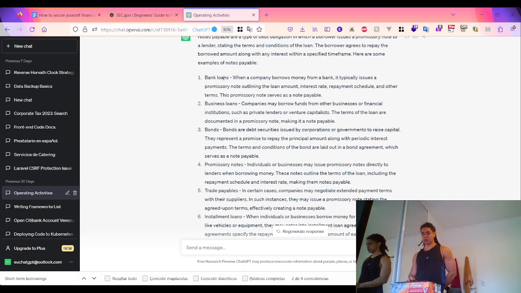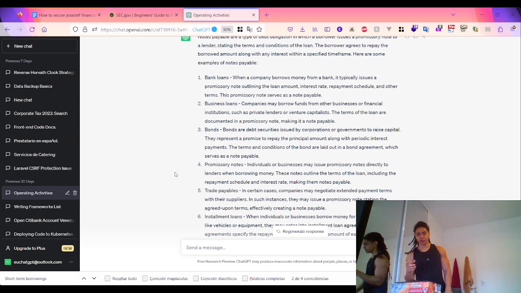So with these bank loans, business loans, bonds, promissory notes, trade payables, after all, especially this note payable is a promissory note from the borrower to the lender, agreeing to repay based on the terms and conditions outlined in the loan. You have bank loans, where it outlines the loan amount, the interest rate, the repayment schedule, among other details.